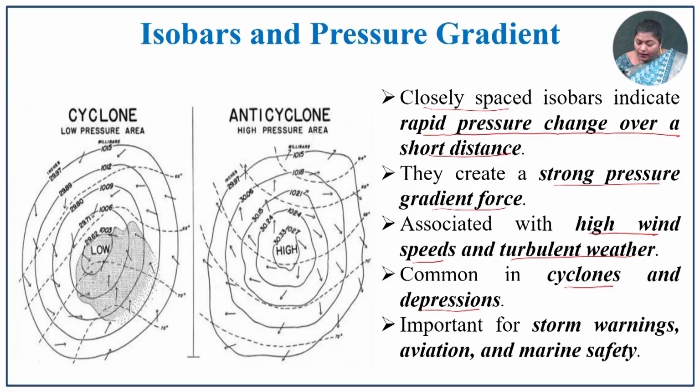This is exerted because of the pressure gradient force. It is also important for storm warning, aviation and marine safety. These are determined by analyzing this pressure gradient, that is, the isobars.